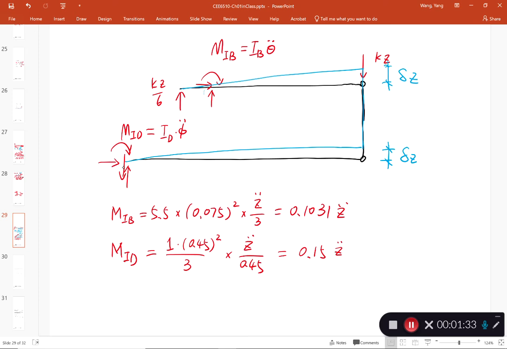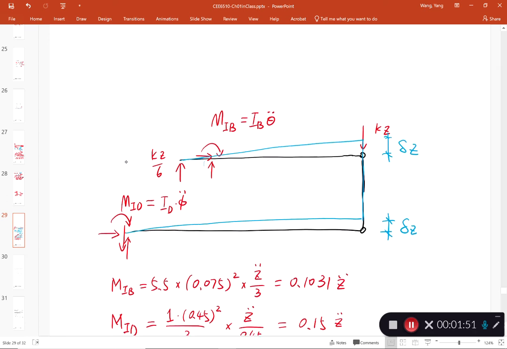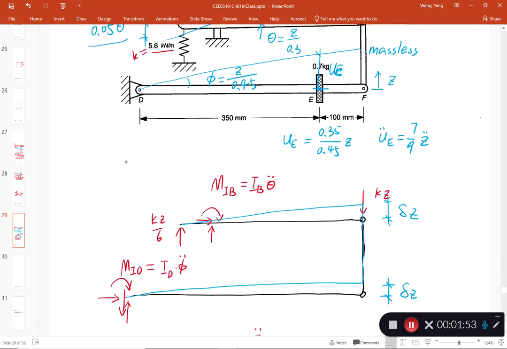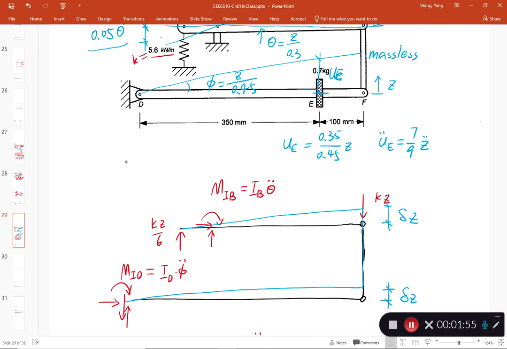Okay, so this is the inertial moment of the bar DEF. And again, there's the inertial force, but it's not going to contribute to the virtual work. We can just leave it there. The last piece we've left is the inertial force by this additional mass at E. That is this UE that we discussed earlier. The acceleration corresponding is going upward, and this is the amount of acceleration.